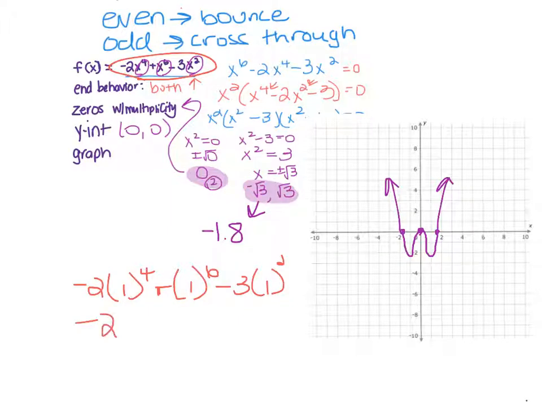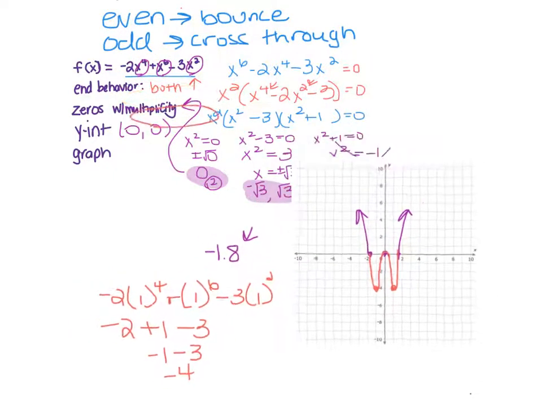I get negative 2 plus 1 minus 3, or negative 1 minus 3, which is negative 4. So now I know how far down to go on these loops, which would be negative 4. So I go down, come back up, go down, and come back up. And that's what the graph should look like.